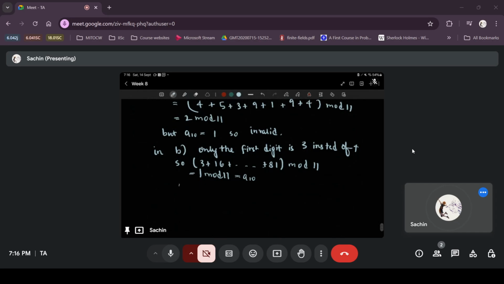So the code word in option B, 3810420891, is valid.